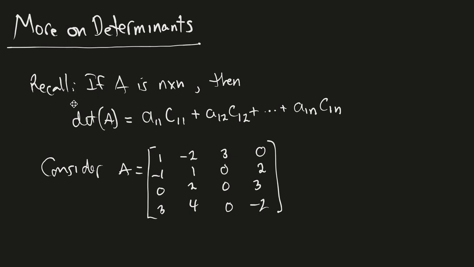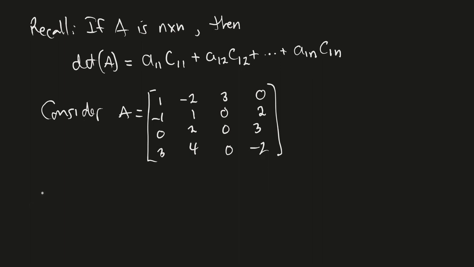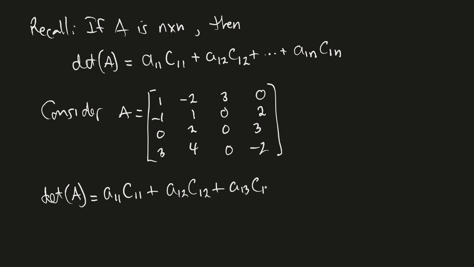Now let's write down what this cofactor expansion would be using this first row. Let's write it out symbolically first. The determinant of this matrix is going to be A11 times C11 plus A12 times C12 plus A13 times C13 plus A14 times C14.